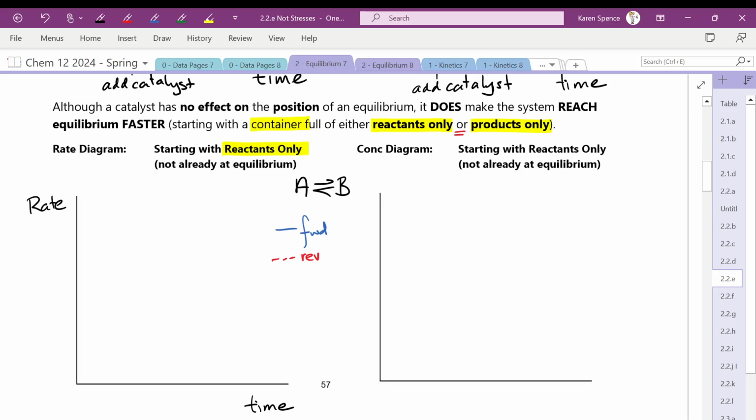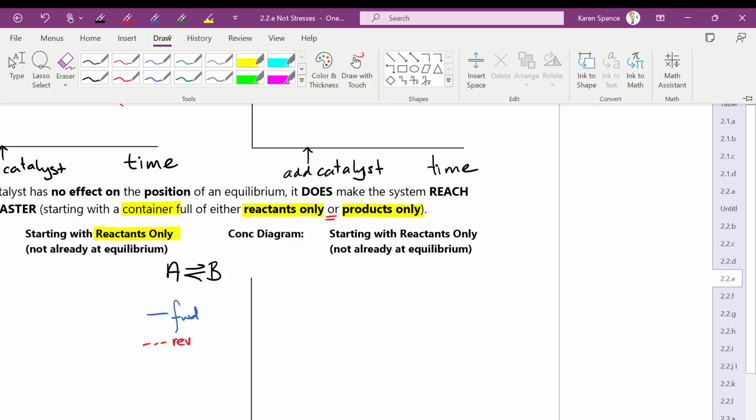So let's see what we get. Now, without a catalyst, what would this look like? We're starting with reactants only.